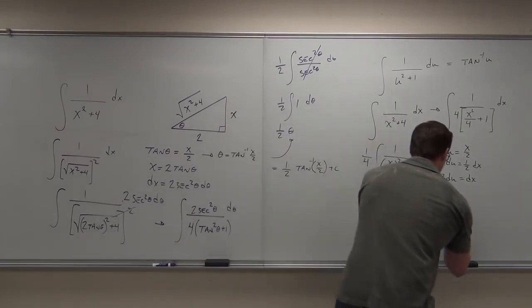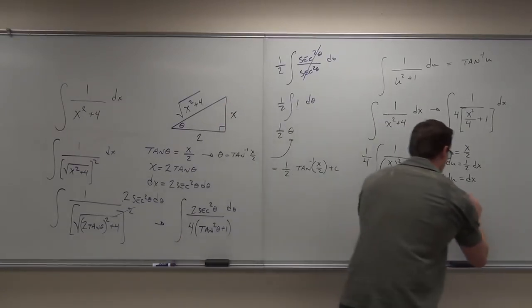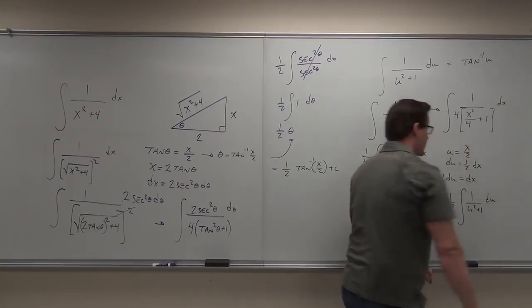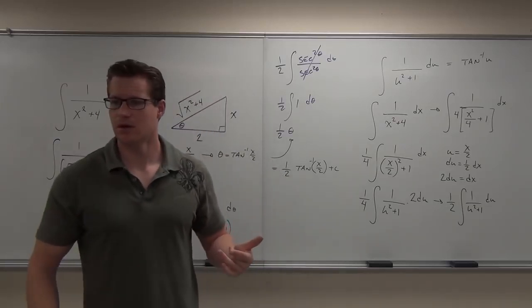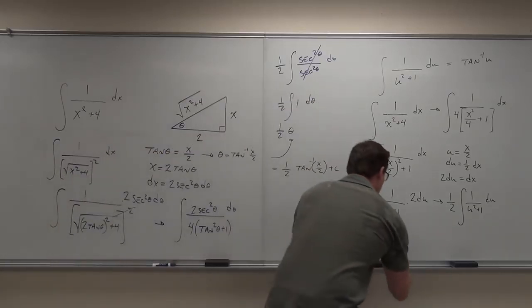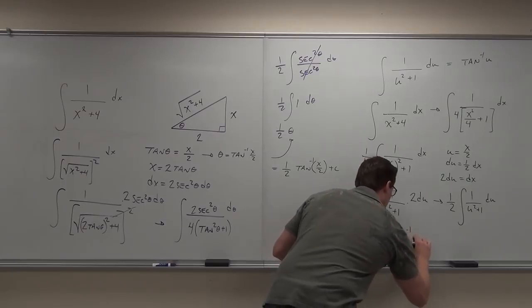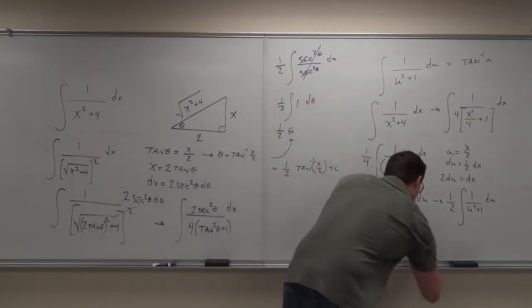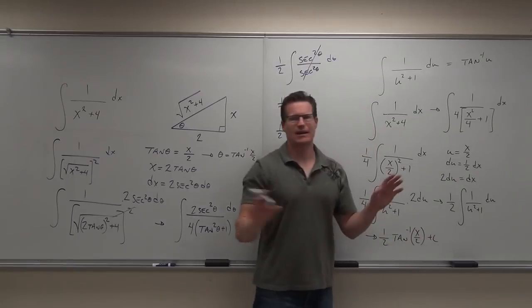Pull out the 2. So I get 1/2, 1/4 and 2. The integral of 1 over u squared plus 1 du. Hey, do I know what the integral of 1 over u squared plus 1 is? Tan inverse of u. So this becomes 1/2 tan inverse of u. How much is u? X over 2. Let's see. Ends up being exactly the same thing.